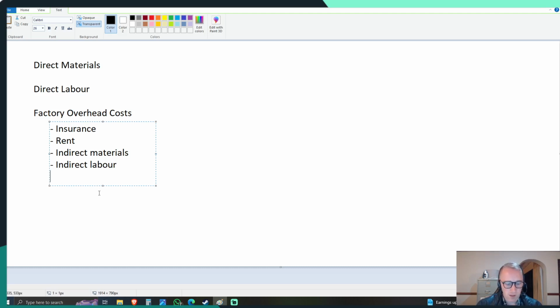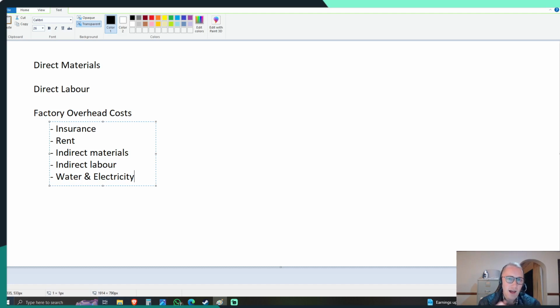What else? We've got water and electricity. Yes, water and electricity will go up and down with number of units produced.